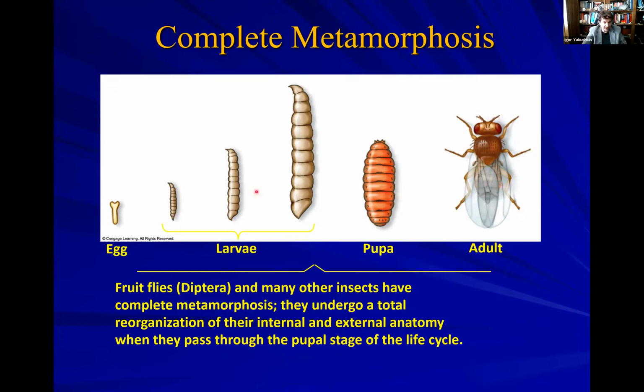Or in this particular case, the butterfly: the egg hatches into a caterpillar, the caterpillar grows into a chrysalis, and then we have a beautiful butterfly. So that's complete metamorphosis, from a worm-looking creature, it's not really a worm, into something much more advanced.